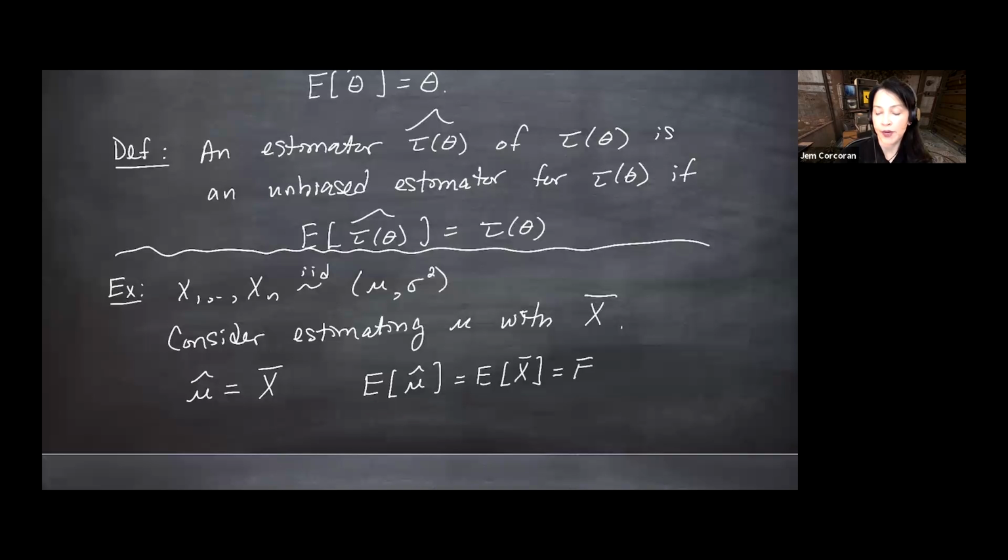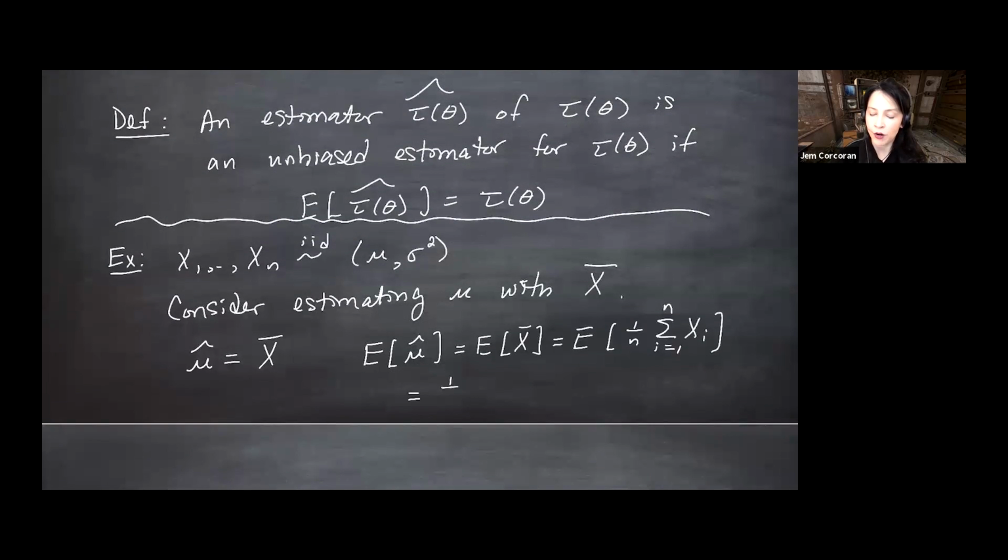That is the expected value of 1 over n, the sum as i goes from 1 to n of the xi. And then we can use the linear operator property of expectation to pull the 1 over n out and pull the sum out. And this is 1 over n, the sum as i goes from 1 to n of the expected value of xi.